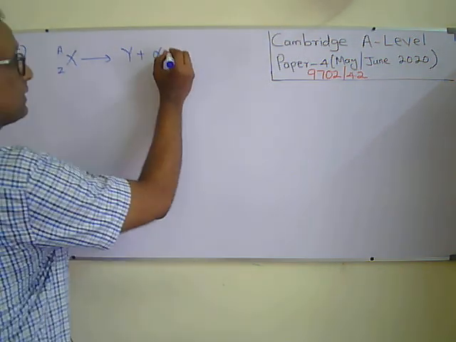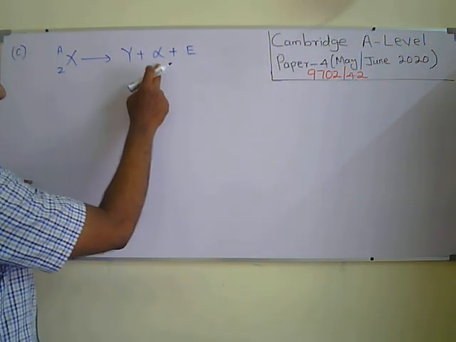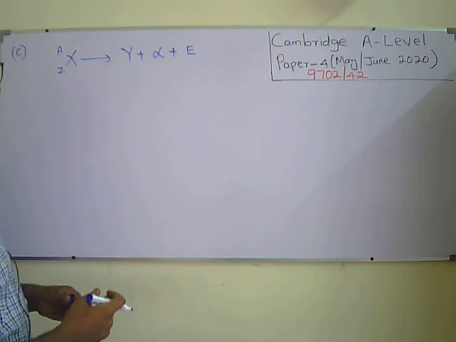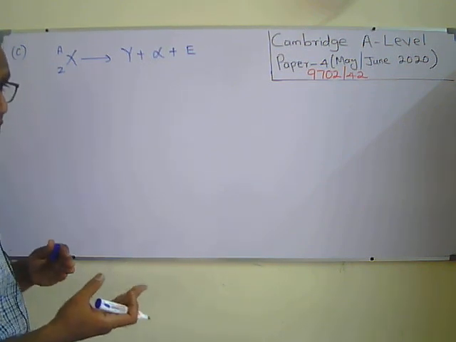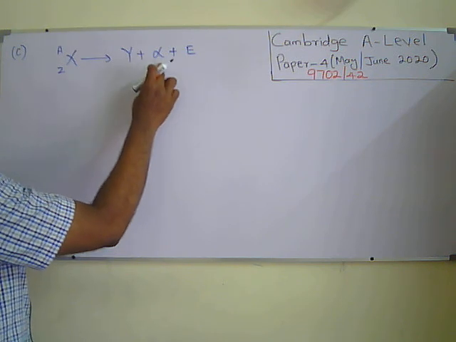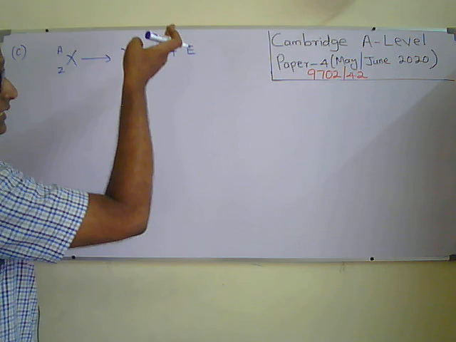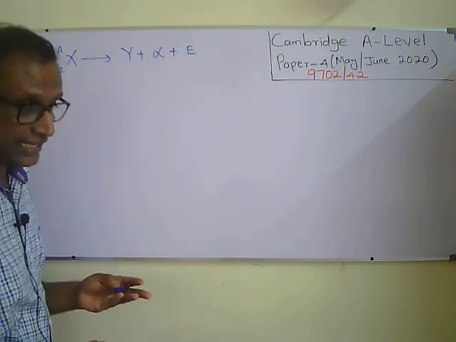That's the reason the energy will be released whenever more stable nuclei are produced, or nuclei with more binding energy per nucleon are produced compared to the initial nuclei. In that situation, energy will be released.